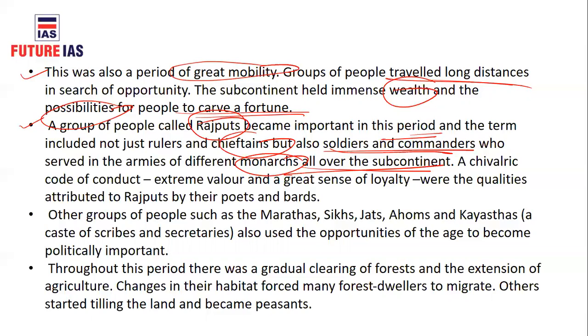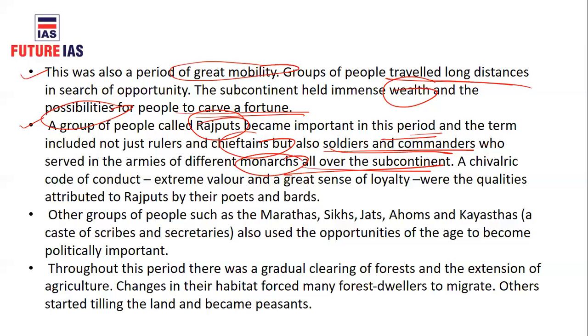Throughout this period there was a gradual clearing of the forests, because you must understand, as the empire grows, as the kingdoms grow, as the population also grows, the king also needs land to accommodate all such armies. So they started clearing those forests for the extension of agriculture also.